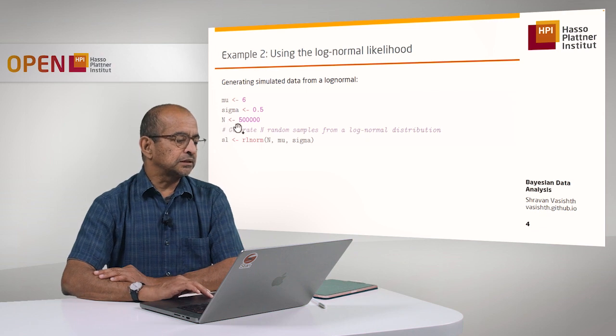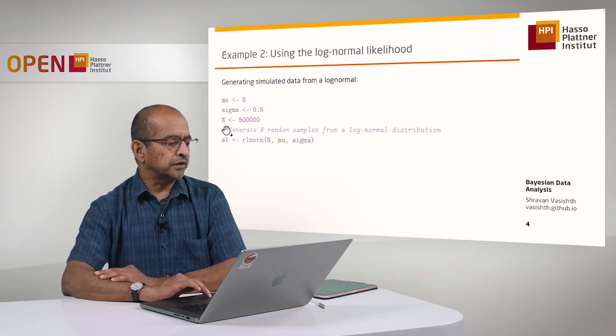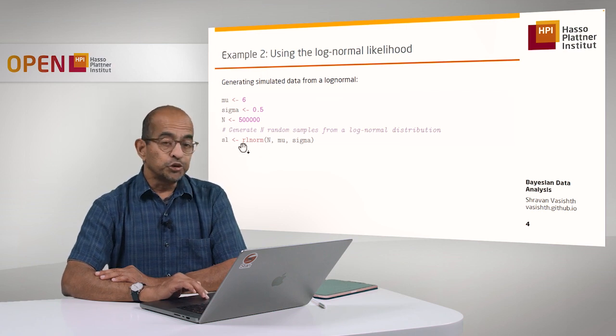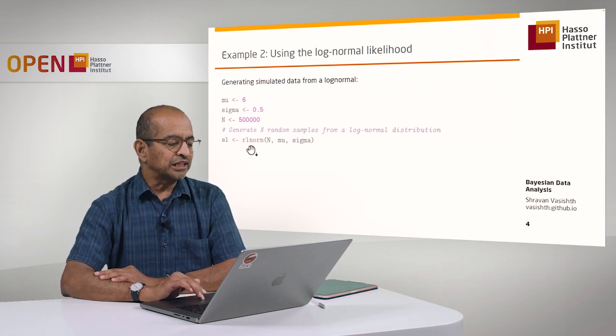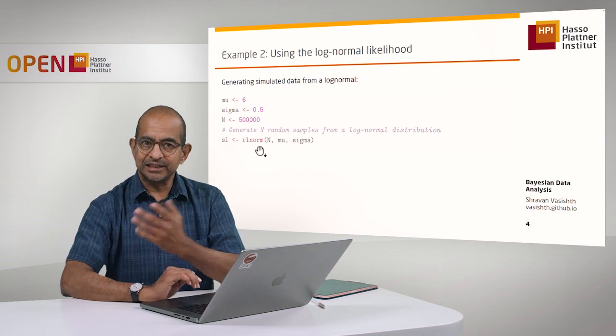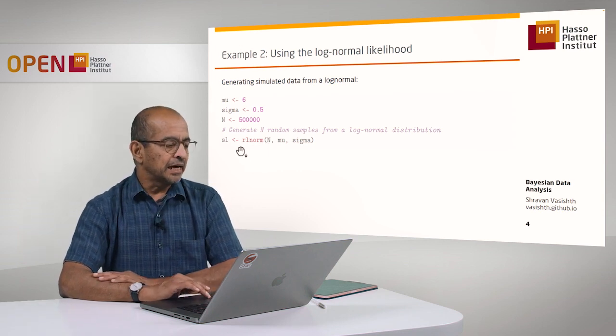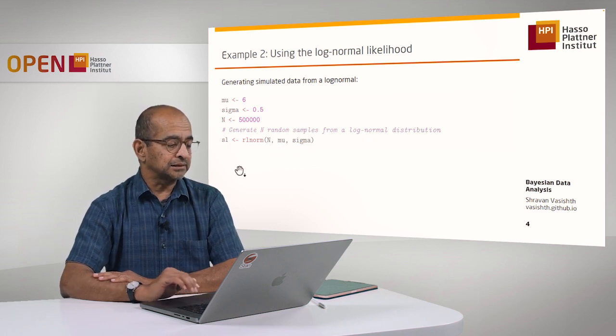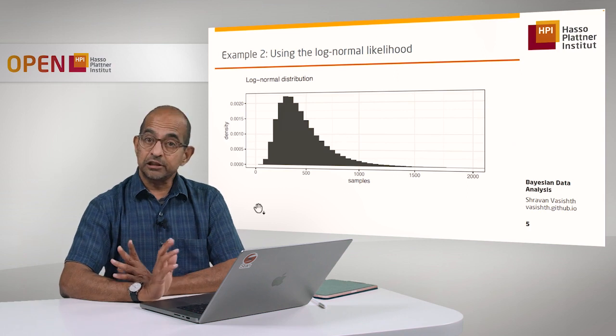So I'm generating 500,000 samples using a function called the rlnorm function, right? So you see again the dpqr functions in action. I can generate simulated data from a log normal. I specify the mu and sigma and the number of data points, and I get simulated data here. And this is what it looks like, right?